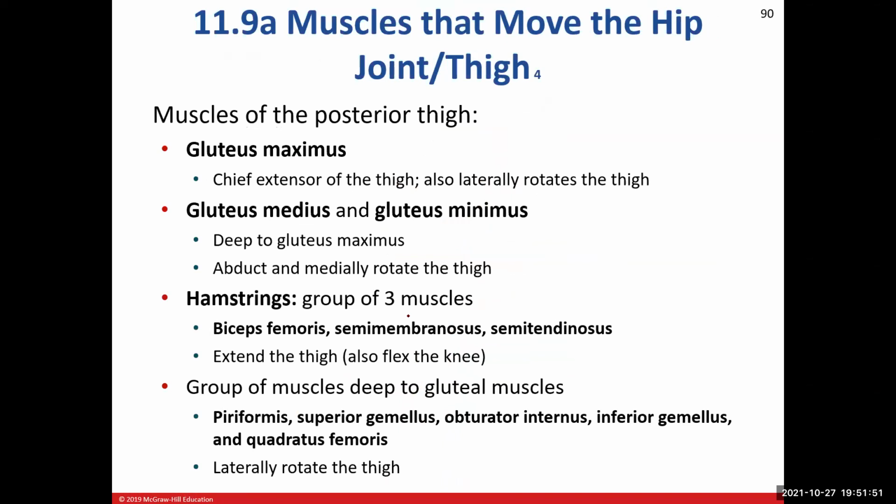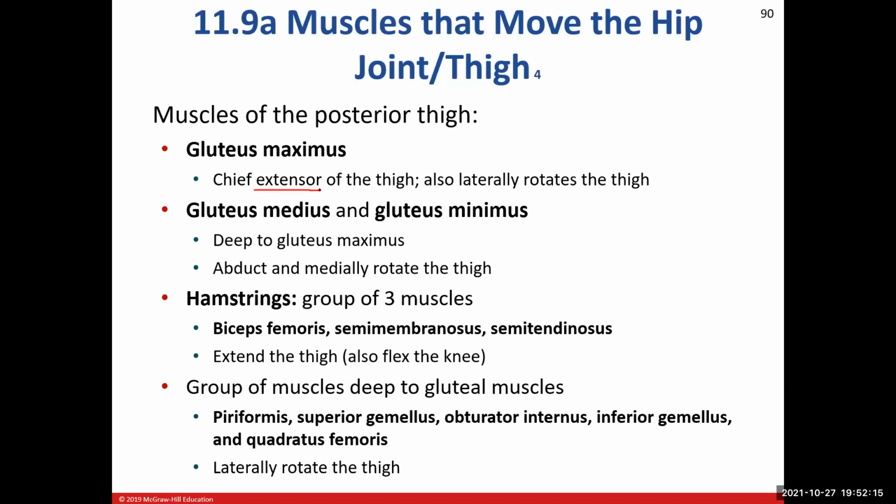All right, some more of the muscles here of the posterior compartment of the thigh, gluteus muscles, the Gluteus Maximus, Gluteus Medius, and Gluteus Minimus. Obviously, Gluteus Maximus is the biggest one. So when you're going to wind up to kick a ball and you bring your leg as far back as possible, this is the muscle that is going to do the lion's share of the work when it comes to extension of the thigh.